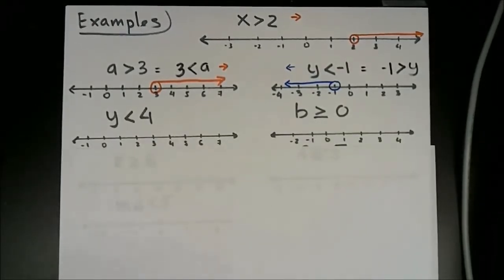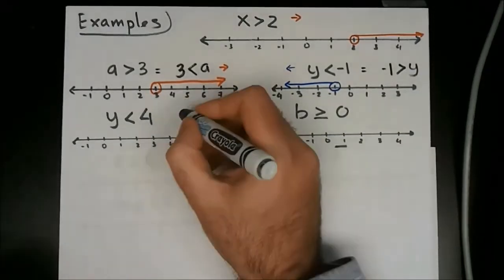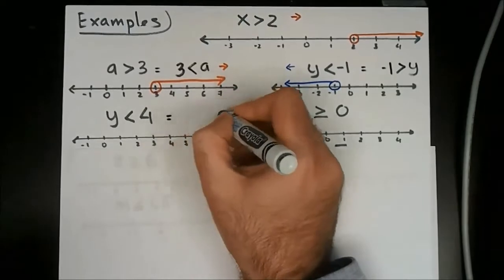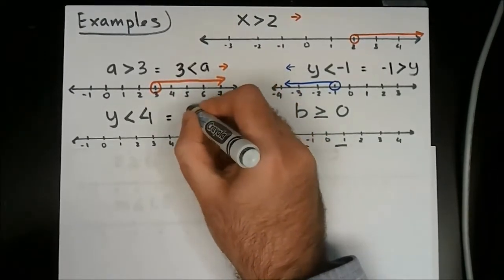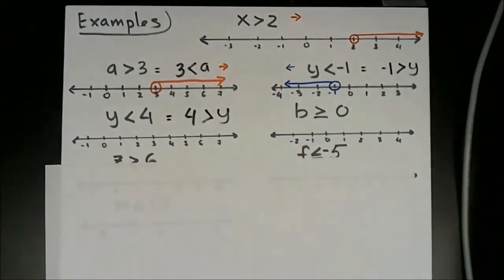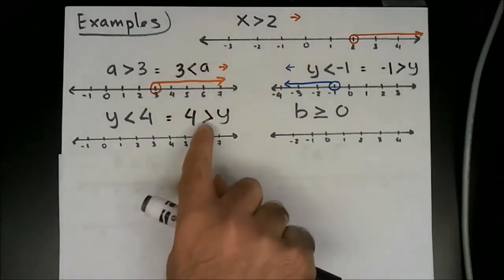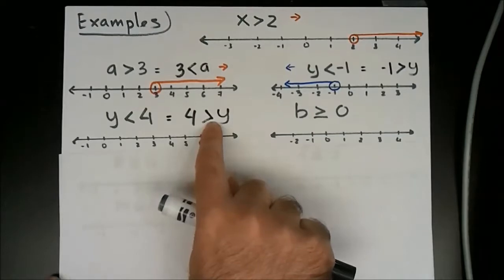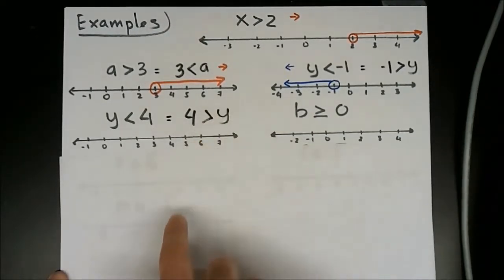Alright, let's take a look at another one like that. Once again, I want to show you what it can look like as well. I can have y just like this. Y is less than 4 in both cases. It doesn't really matter which way this symbol is pointing, as long as the variable is on the right side of that symbol.